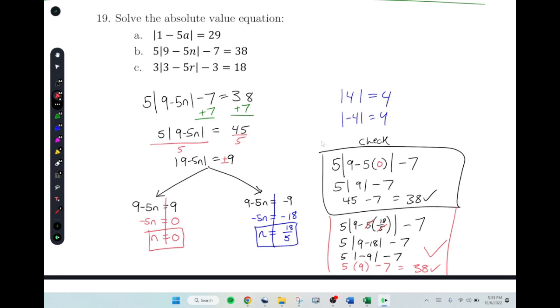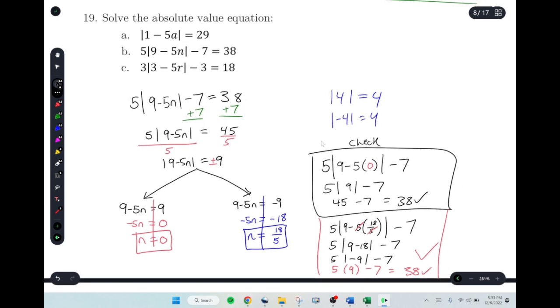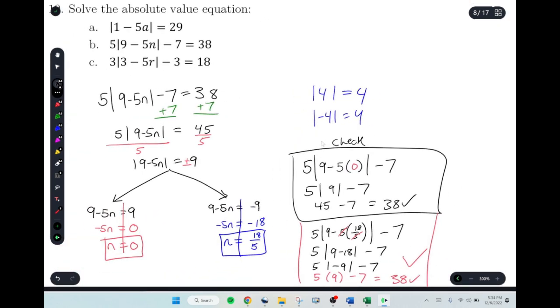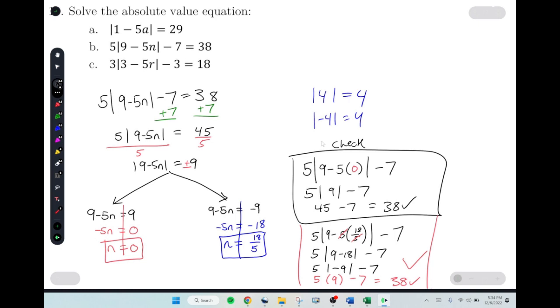So the rule, I guess, is going to be... Here's the rule. We never defined the rule before. Without me doing it, can anybody define the rule? When you see an absolute value sign, and we didn't just turn it into positive, we have two solutions.